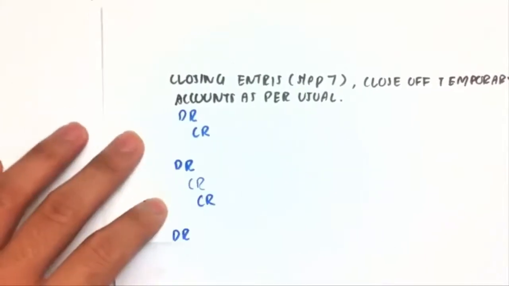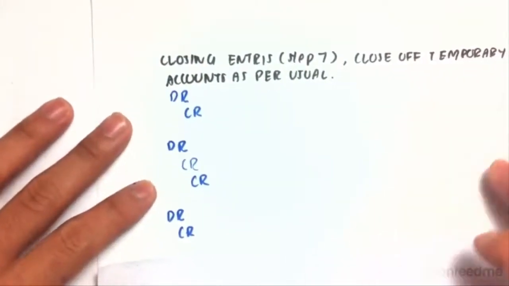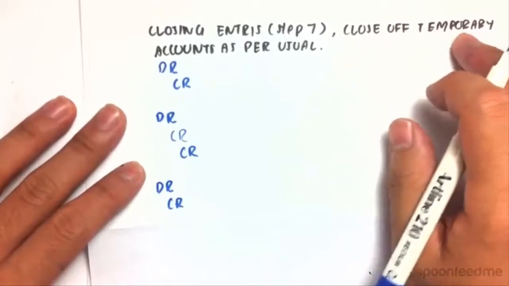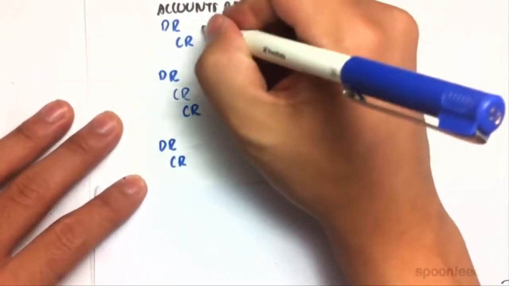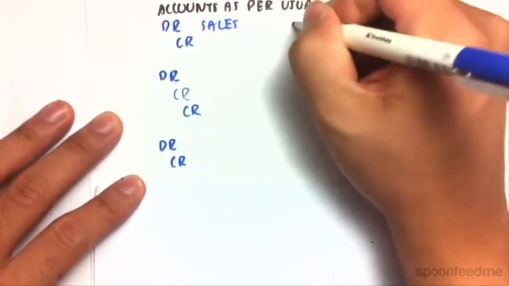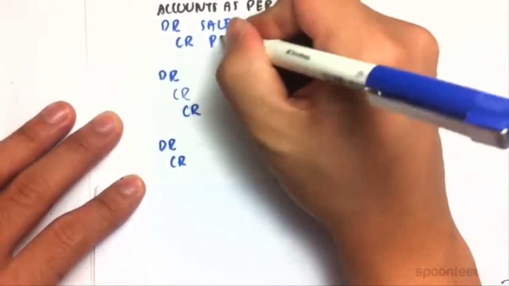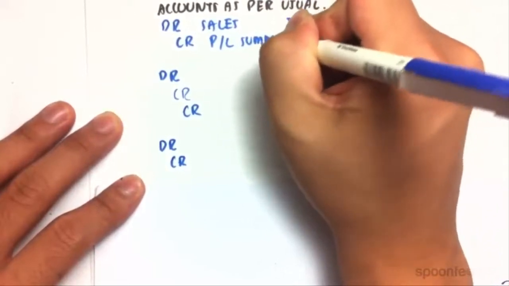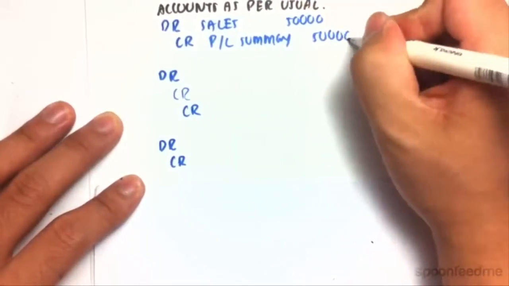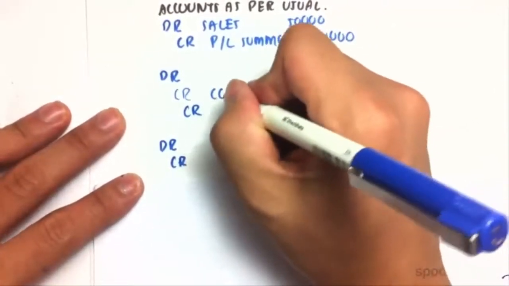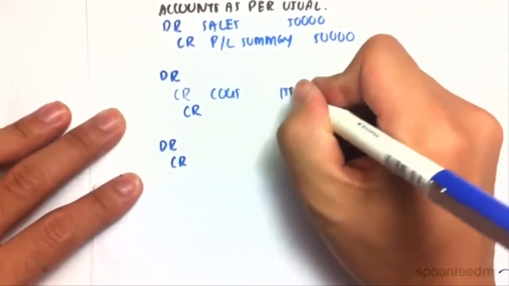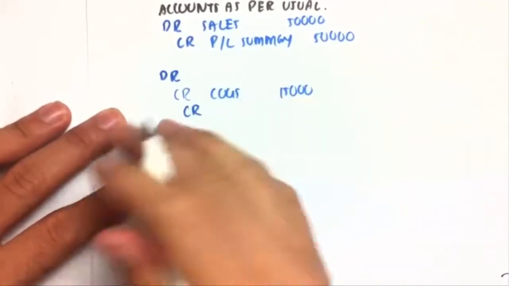And then lastly, if we go to step 7 of our closing entries, this is what it would look like. If we close off the temporary accounts as usual, we'd have to debit our sales, remember, 50,000, and we credit P&L summary 50,000. Okay, now we should start off with the credit side here. So we credit COGS 15,000 in order to make the COGS account 0, because before it was a debit COGS.